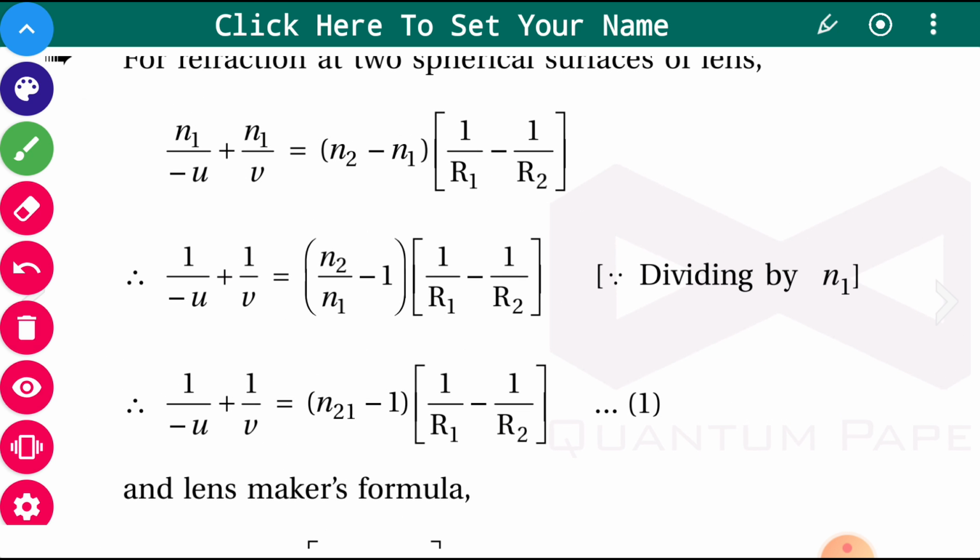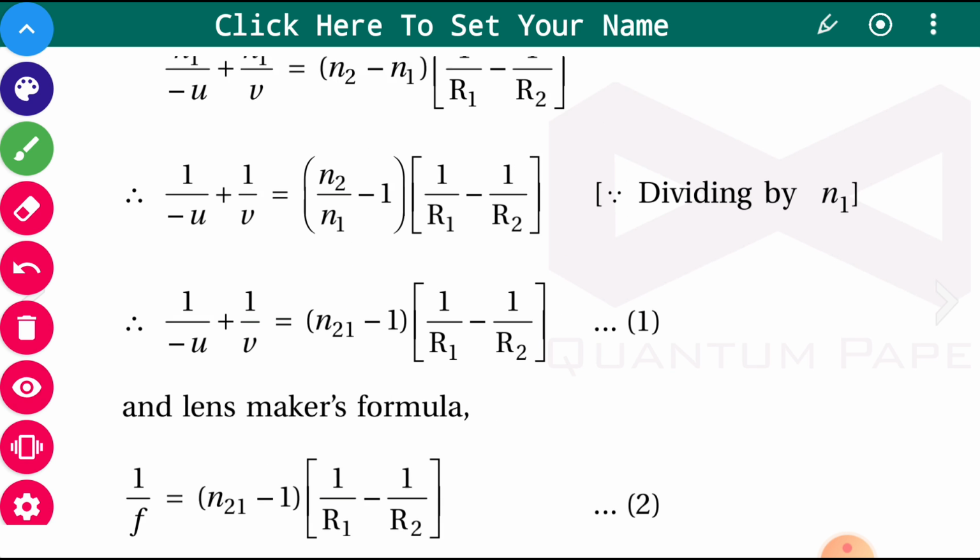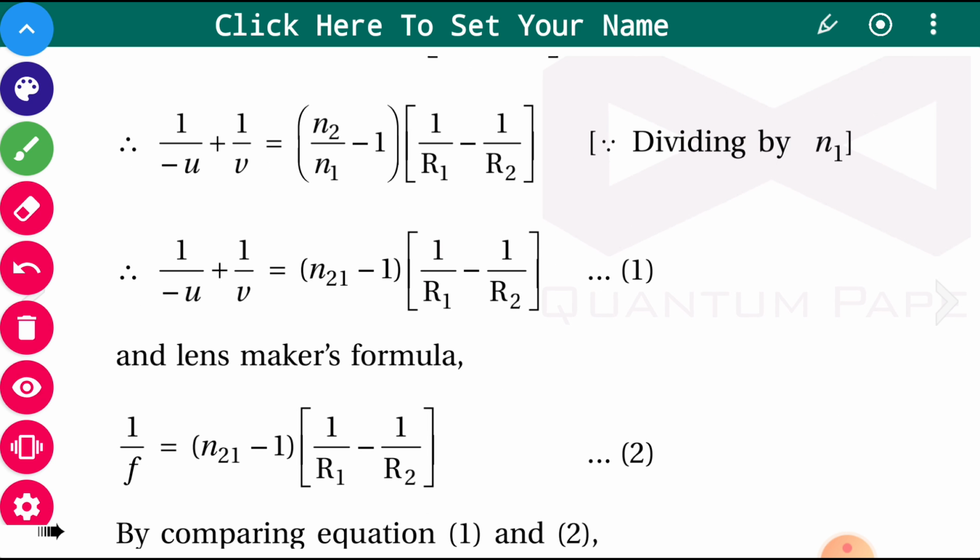So it becomes n2 upon n1, and n1 upon n1 will become 1, and rest of the thing will remain as it is. So you will have minus 1 upon u plus 1 upon v equal to n2 upon n1 minus 1 into bracket 1 upon r1 minus 1 upon r2.